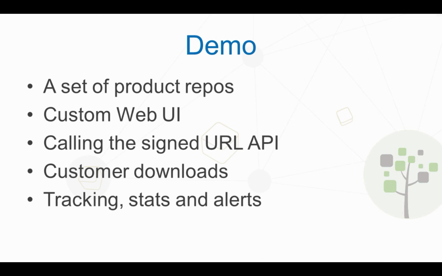And we're going to use a feature in Bintray called signed URLs, which allows you basically to hand off URLs to anonymous users for downloads and do tracking for those seemingly anonymous users. So we will see it in the demo, and it will make more sense, I think. And then I'm going to show you a little bit of the stats and alerting features of Bintray. And so I'm going to share my screen and let's start.